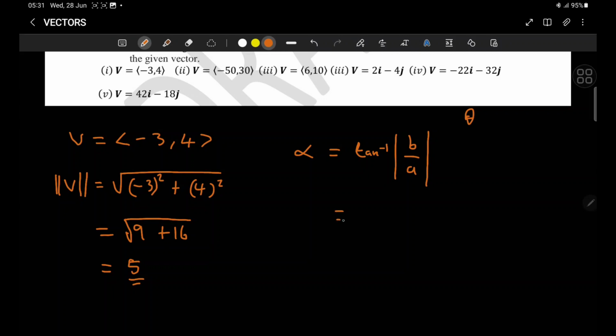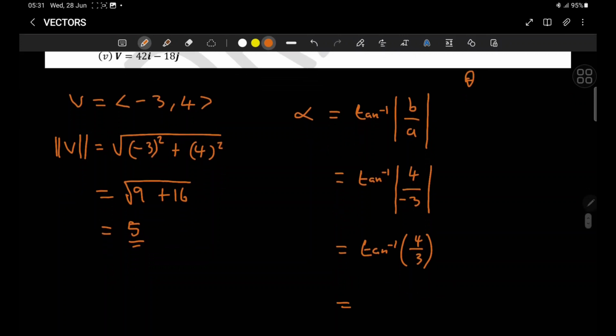So in this case, replacing, we'll have tan inverse of 4 over negative 3, which, since this is a modulus, is just the positive, so tan inverse of 4 over 3.